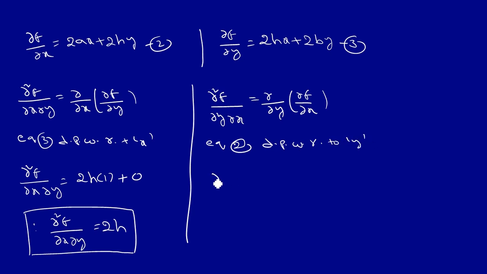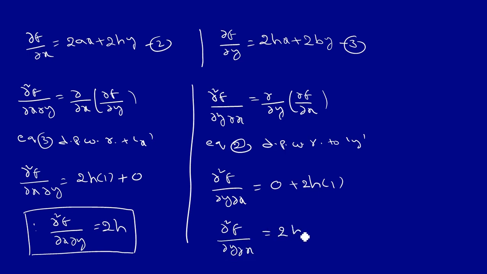If you observe the second equation, the first term 2ax with respect to y is constant, 0, plus 2h into y differentiation 1. So ∂²f/∂y∂x equals 2h.